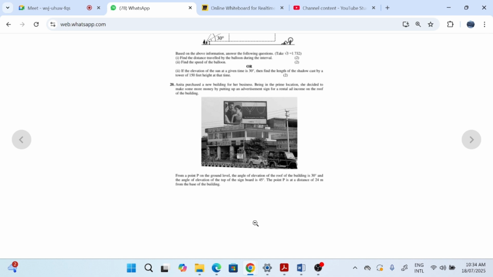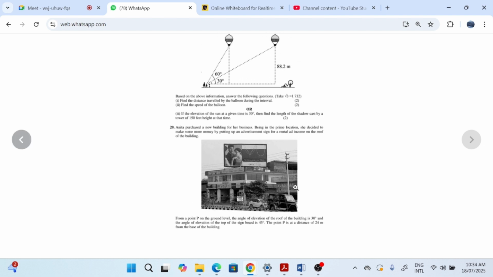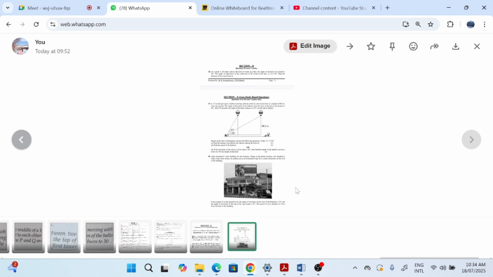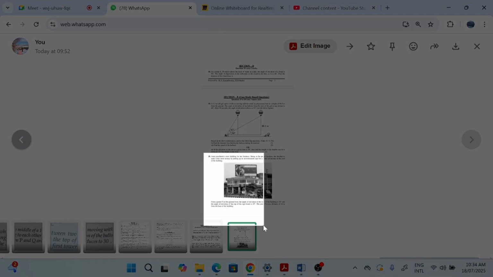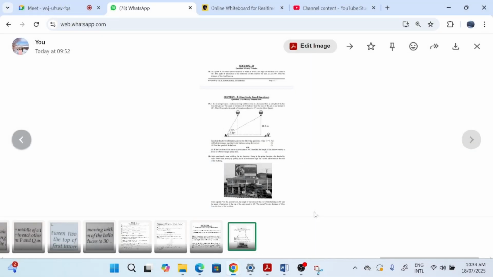Now we have to do the 20th question, and with that our chapter will come to an end. Please do it. Do the 20th question fast. They just give the paragraph, not the question. The questions are not there, only the paragraph is there.